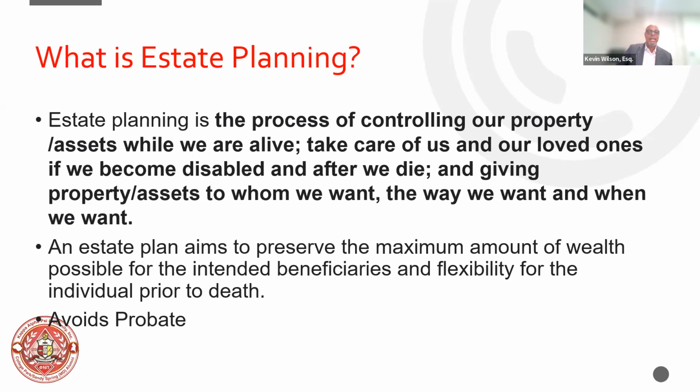An estate plan aims to preserve the maximum amount of wealth possible for the intended beneficiaries and provide flexibility for the individual prior to death. And just so you know, I'm going to get more into these, but I'm just giving you a quick summary of what estate planning is, which I will do for all the topics that come after this. And finally, estate planning assists us in avoiding probate.